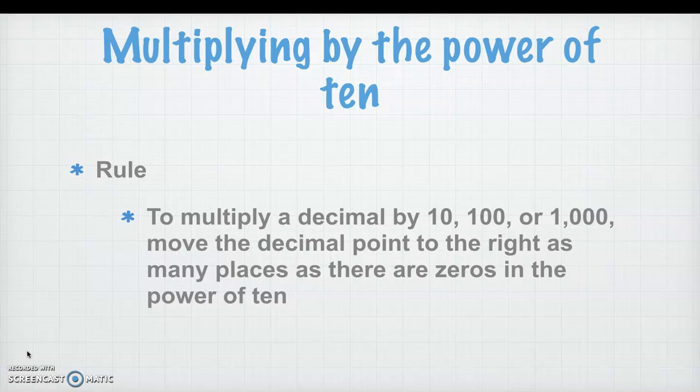So let's say we're multiplying a decimal by 10. 10 has how many zeros? 1 zero. That means I'm going to move my decimal point how many times to the right? I'm going to move it 1 time because 10 has 1 zero. If I'm multiplying a decimal by 100, all I have to do is move my decimal point to the right 2 times because 100 has 2 zeros.